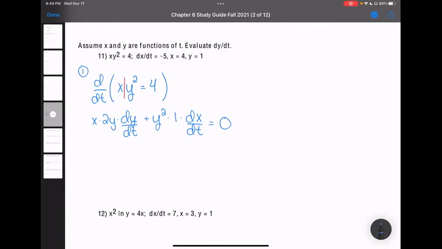All we need to do now is plug in the three values that were given at the beginning. dx dt equals -5, x equals 4, and y equals 1. So let's plug them right in.